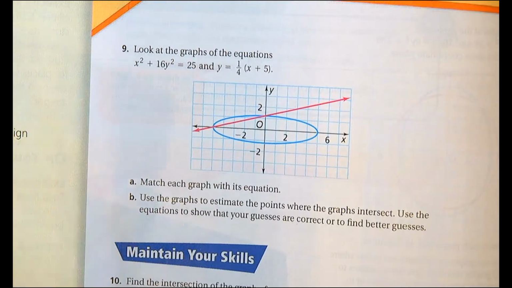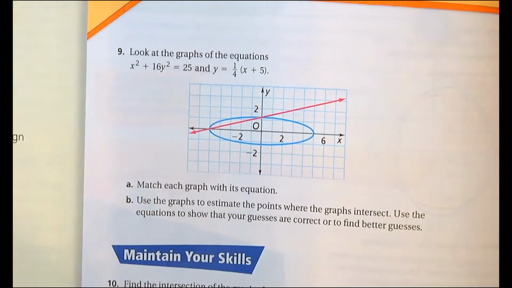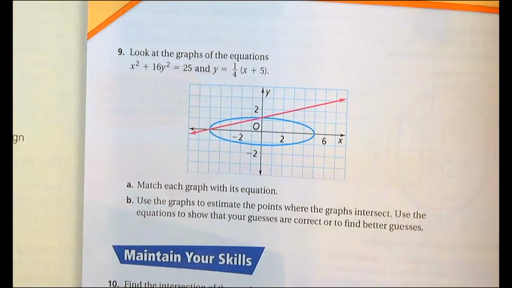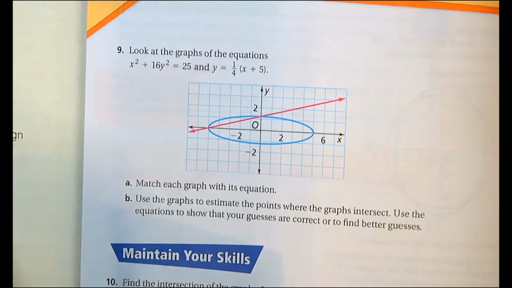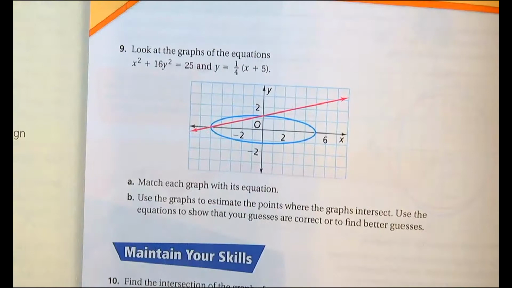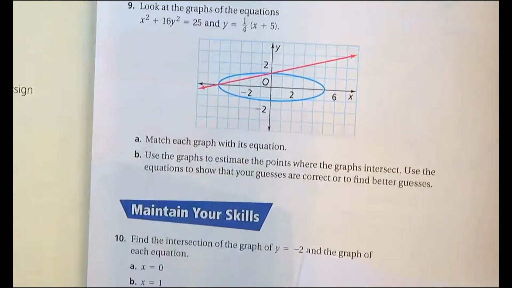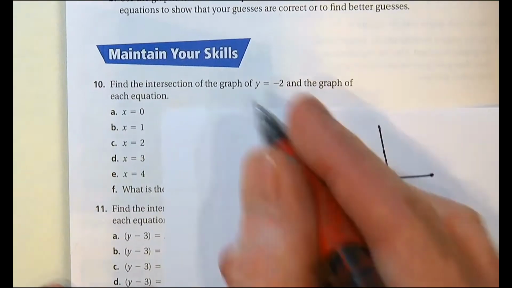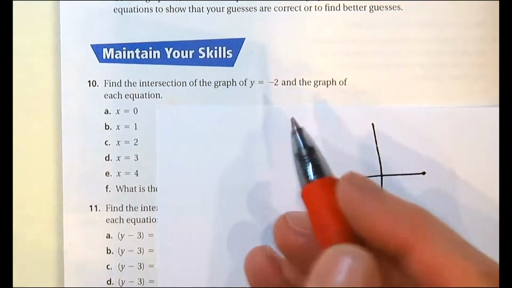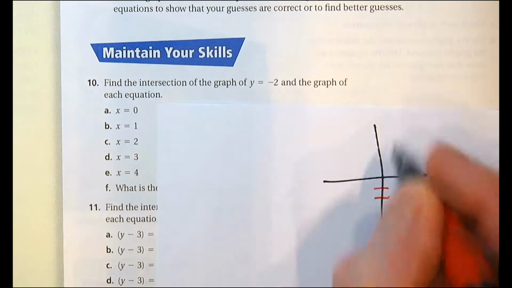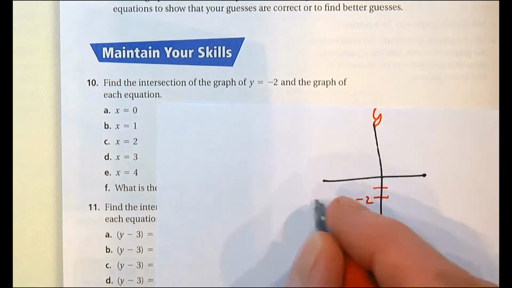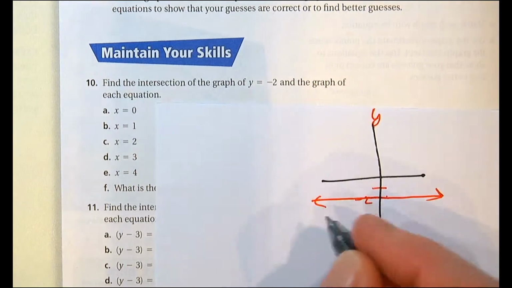Number 10 said, find the intersection of y equals -2. Okay, so here's my graph paper. Y equals -2. Now I don't need graph paper to do this. I can't see the question, I'm stuck here on the table. There we go. Find the intersection of y is -2. Like 1, 2, these are the y's, -2. So some line like this.